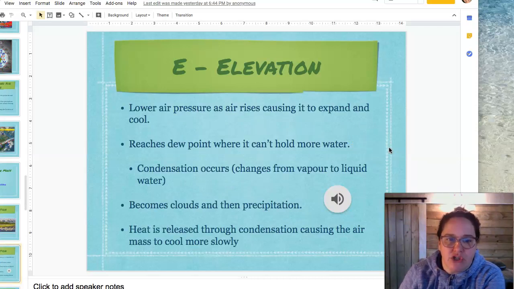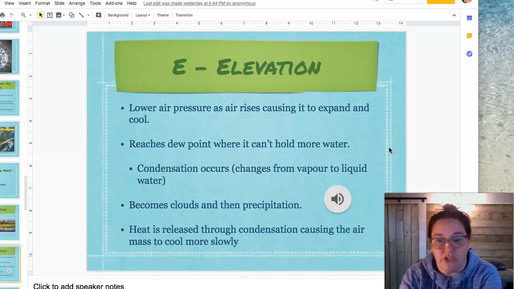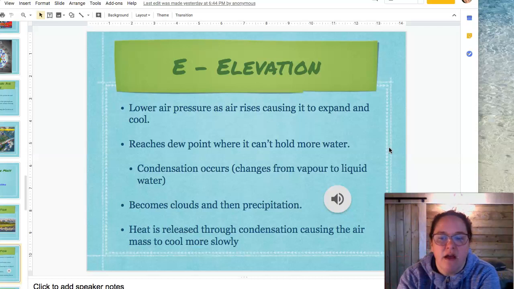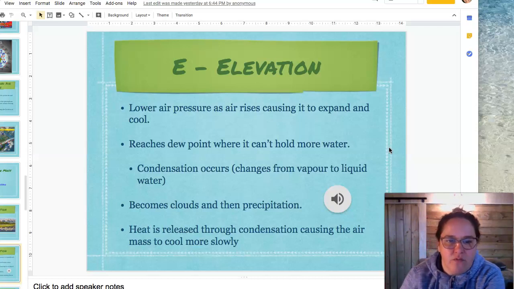So we call that a dew point. A dew point is a point where the temperature gets low enough to cause the moisture in the air to fall. So when you wake up in the morning and there's all sorts of dew on the grass and everything's wet, it's because there was a point in the night or in the early morning hours where the temperature was just right to change the vapor, or the evaporated water in the air, into liquid, and thus water molecules form on blades of grass and on trees, and that's why everything's kind of wet.